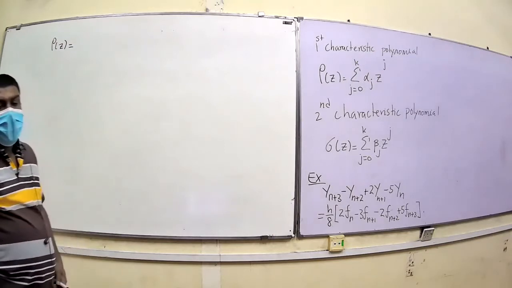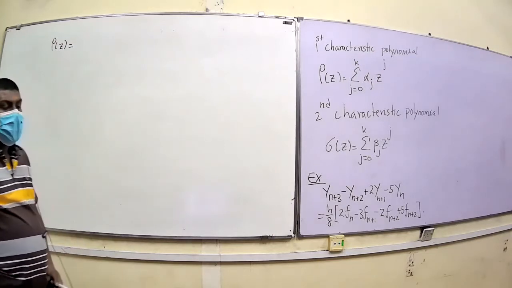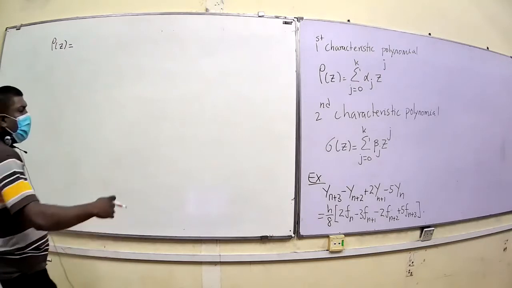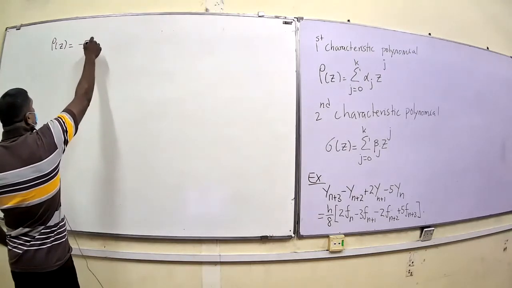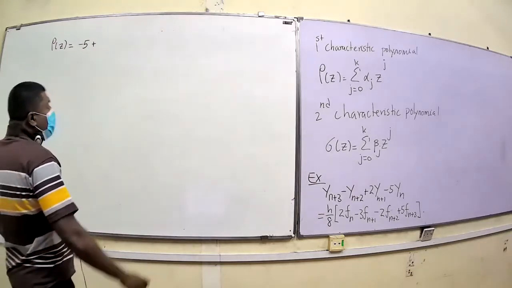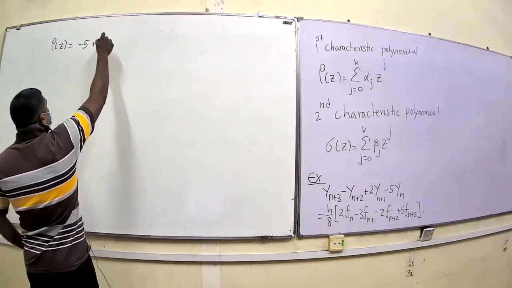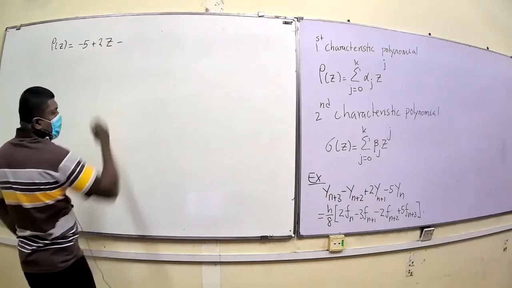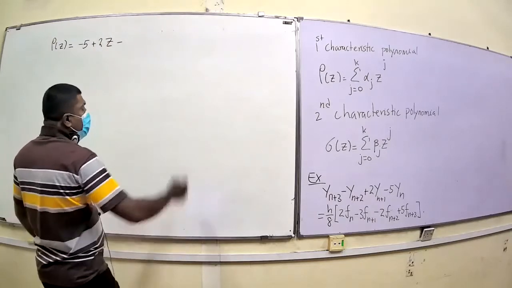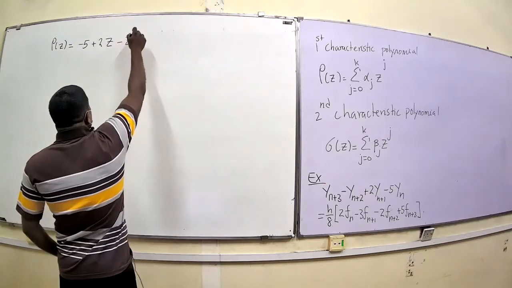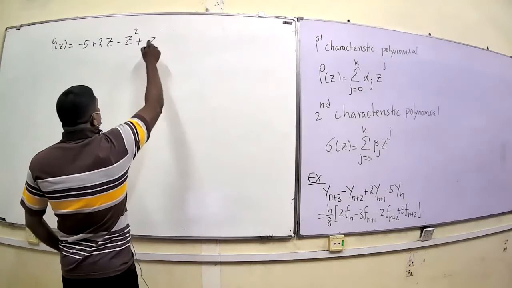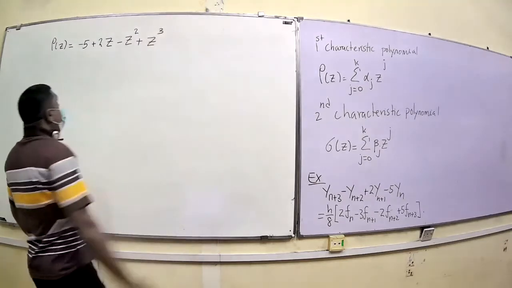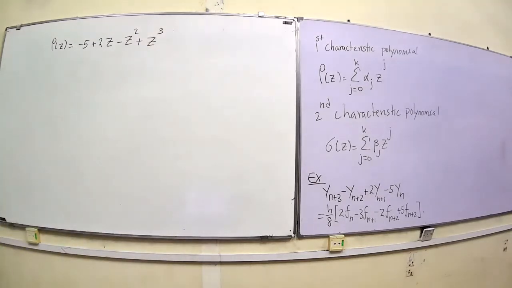Rho of z is the summation of alpha j z to the power j. So alpha naught is minus 5, plus alpha 1 z, plus 2z, minus z squared, plus z to the power 3. This is your first characteristic polynomial.